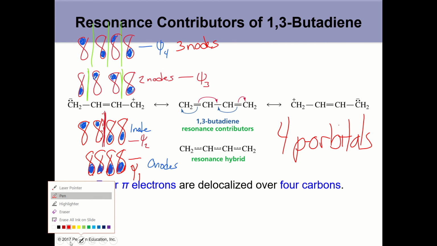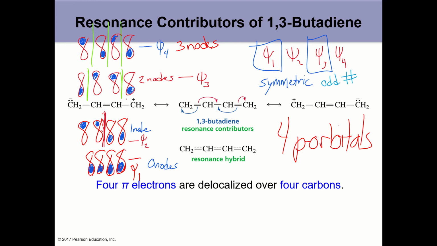And so I want to tell you that the odd molecular orbitals are the symmetric molecular orbitals that have an internal mirror plane of symmetry. So if it is an odd number molecular orbital, psi 1 and psi 3, the orbital itself will be symmetric with a mirror plane in the orbital.